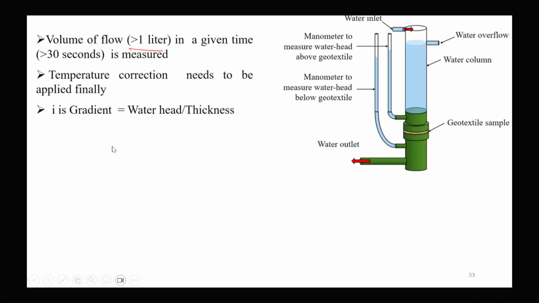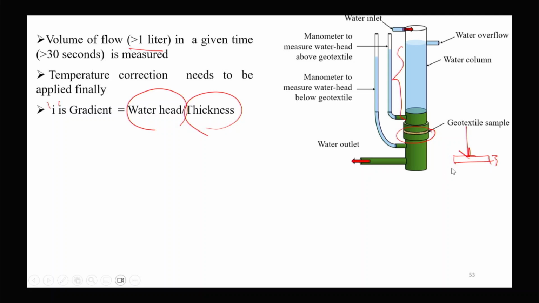Finally, i is the gradient ratio. Here the gradient ratio is the water head divided by the thickness of the material, because water flows in this cross direction, that's why we take the thickness. Okay.